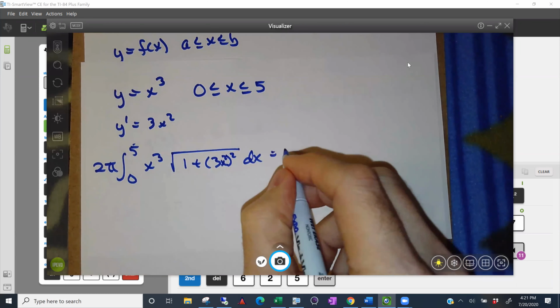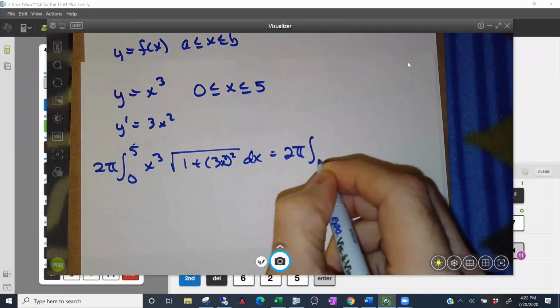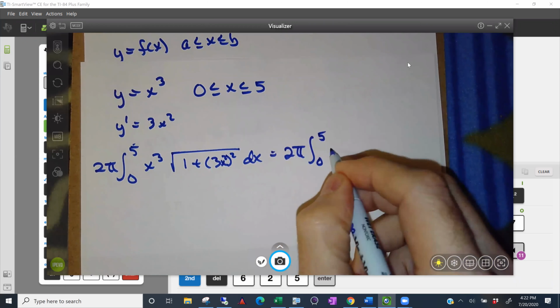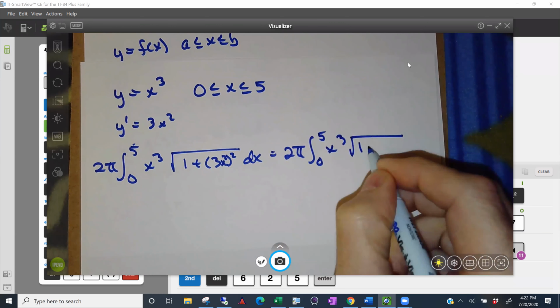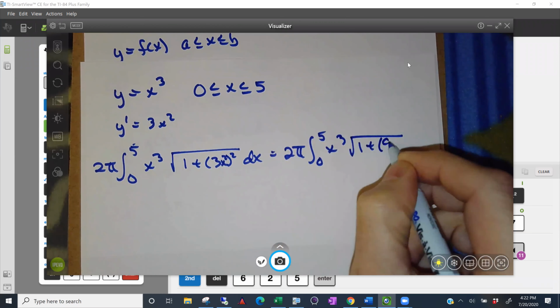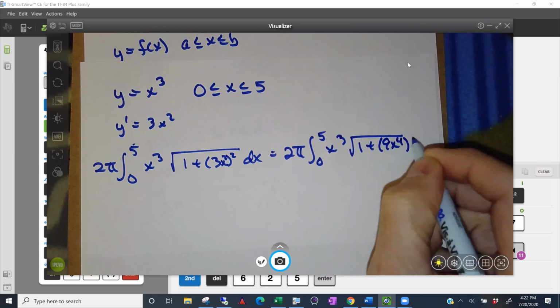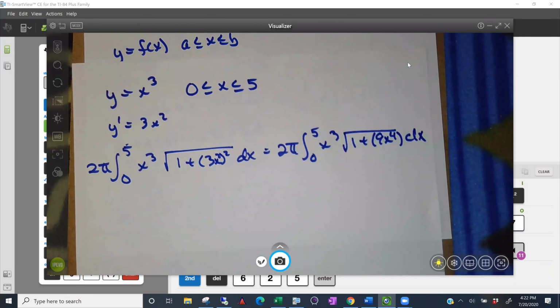Well, let's take a look. Our integral can simplify a little bit. It's going to be 1 plus 9x to the 4th power dx.